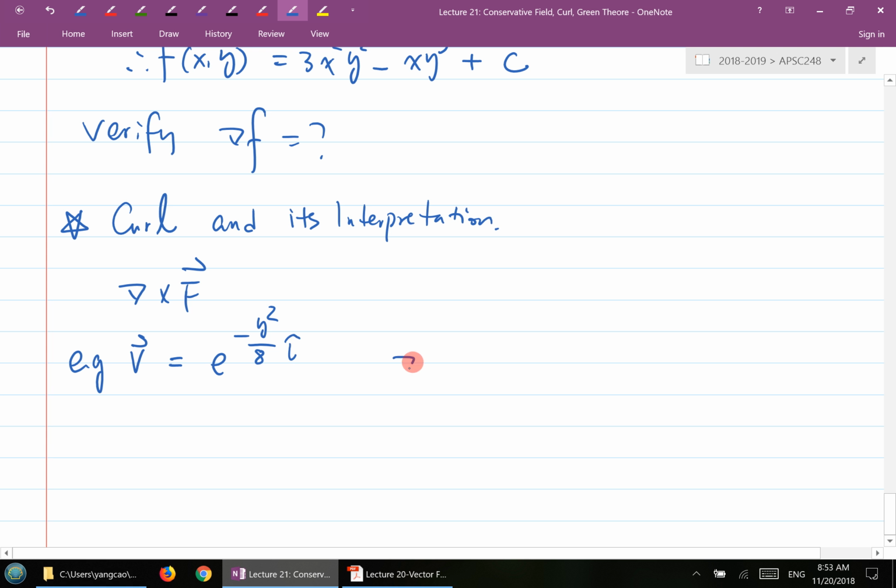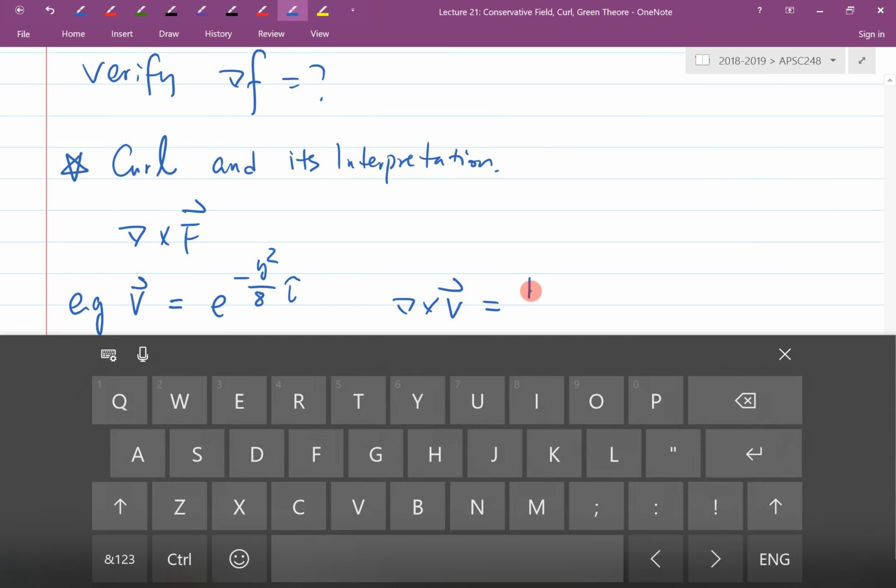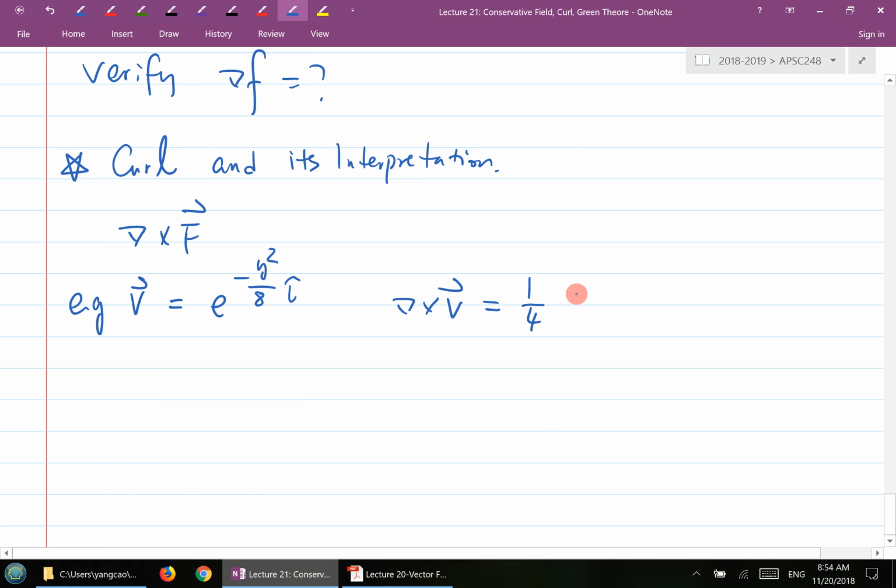And if you calculate del cross v, you end up with 1 over 4 y e to the power negative y squared over 8 k hat.